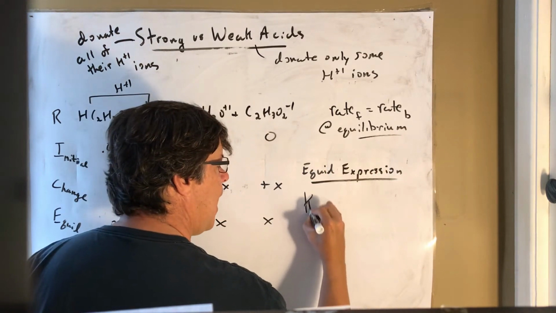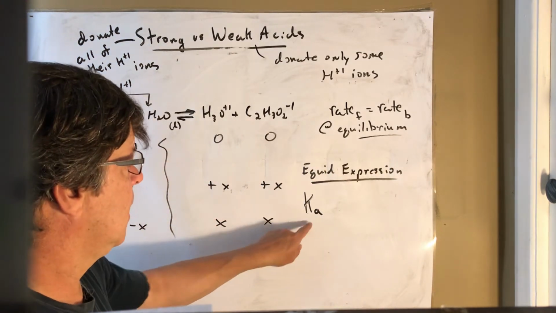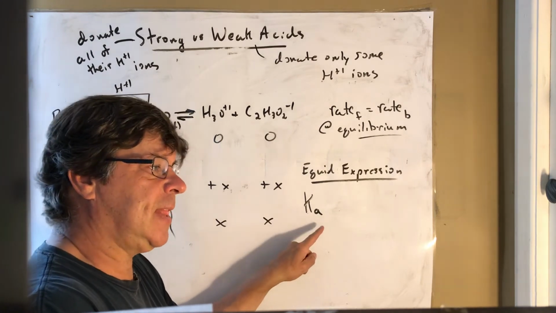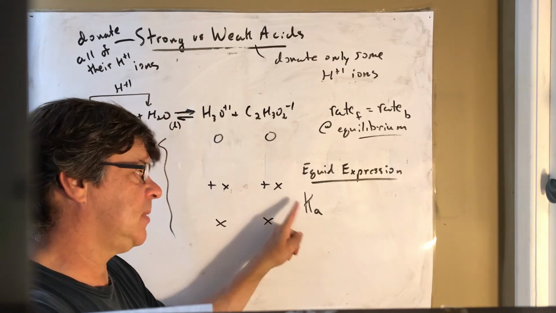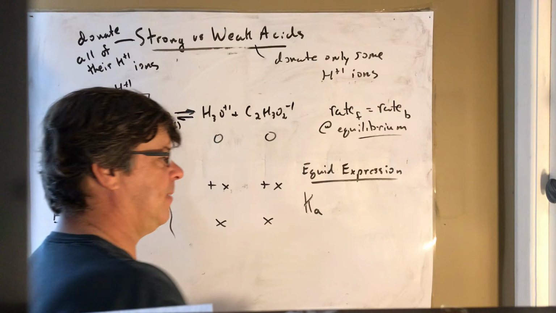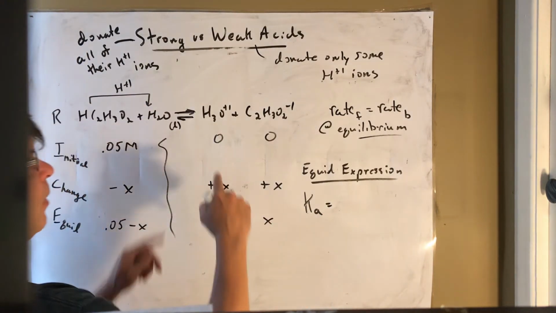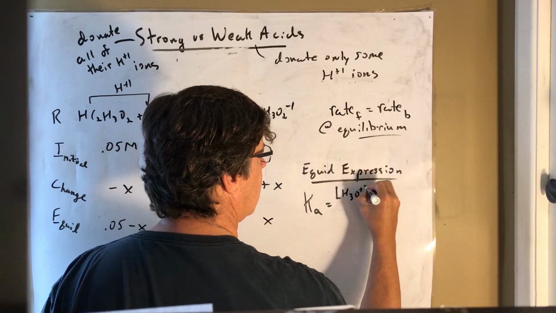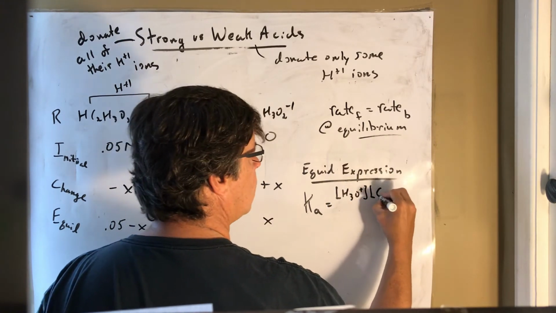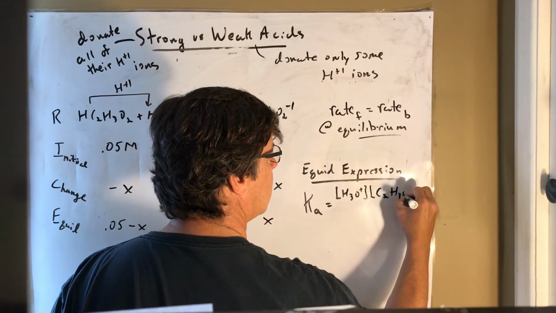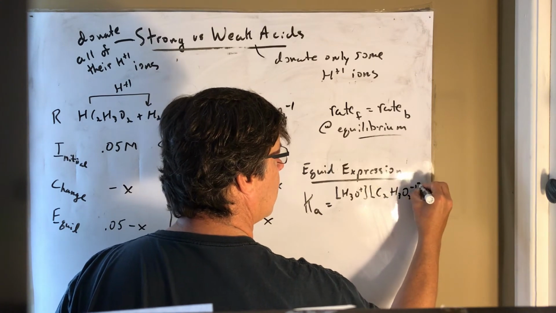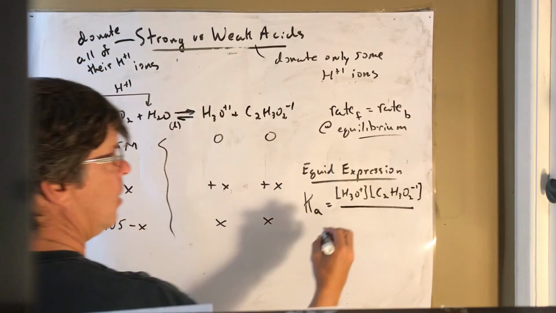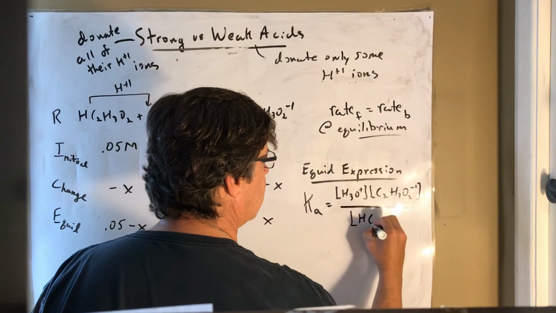So Ka, K is a constant, A stands for acid, the acid dissociation constant, that's a fancy word for Ka, equals products over reactants. So it's going to be the concentration of hydronium ions times the concentration of acetate ions all over the concentration of the acetic acid.